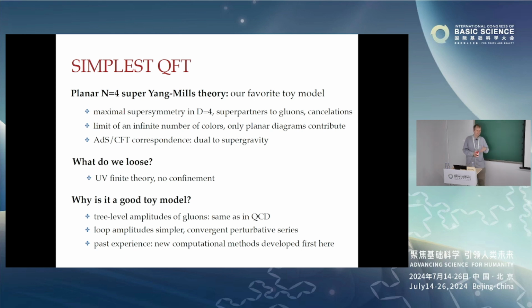Well, there are no non-perturbative corrections, but we can give some exact statements and look at the strong coupling, for example, which we will do here in the end as well. And now there is a more practical reason: the past experience says that it's always good to develop new methods in the toy model, especially this toy model for amplitudes, and then extend it to others. It's more aspirational that we would be able to extend it eventually, but it worked in the past for a number of examples.